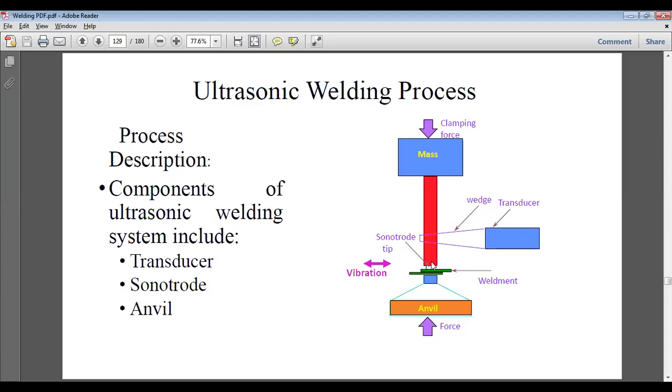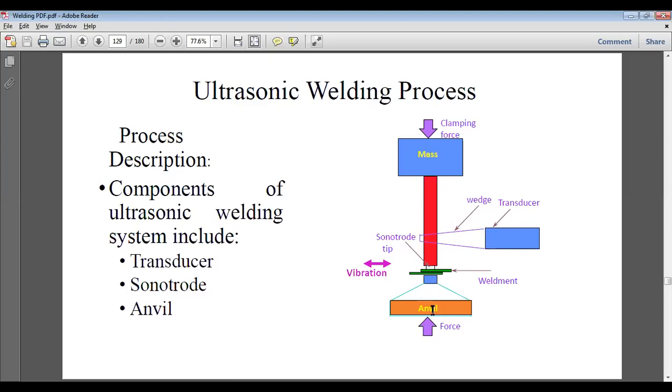These waves are passing through this solid part, the sonotrode, and this solid is applying pressure as well as heat on this weldment, the welding joint, and the anvil is there.